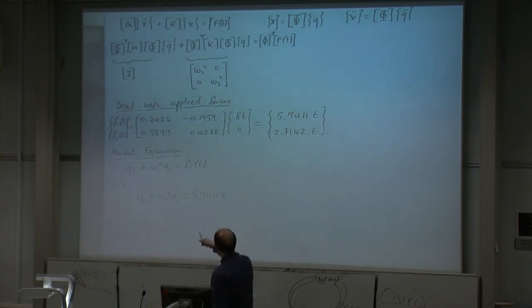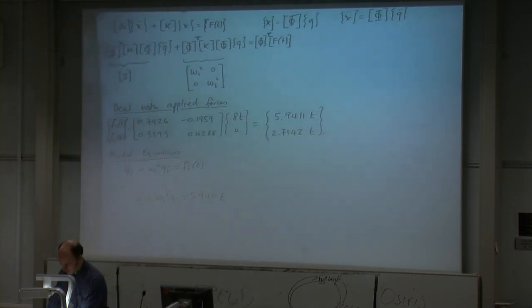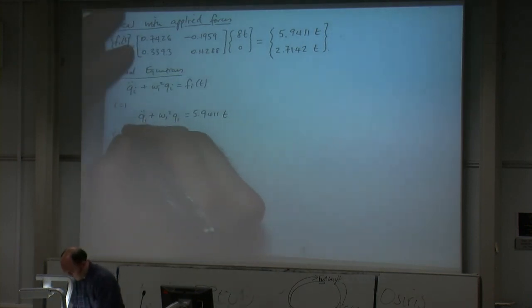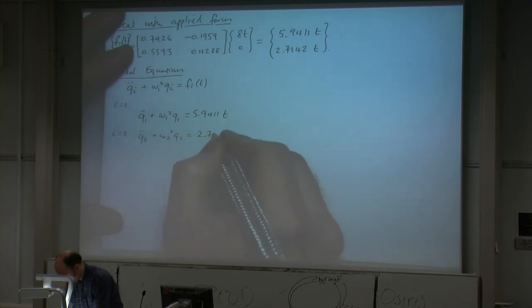We found omega 1 and omega 2 earlier on, so that's why I've just written it as omega 1. And for i equals 2, we have q2 double dot plus omega 2 squared q2 equals 2.7142 times t.